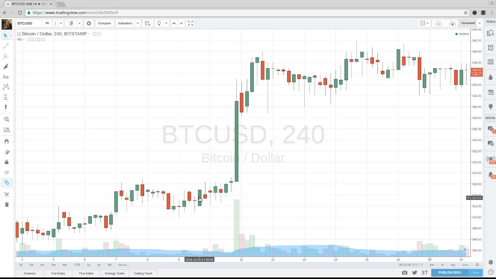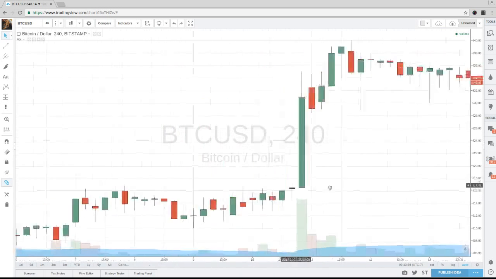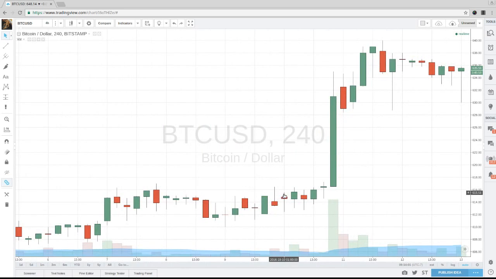Now, this one does not have any wicks, which kind of look like candlesticks, the actual things that come out of the candles. In this case, you can see there are large wicks. There's a black line. Let's zoom in a little bit here. So these are the high and low.